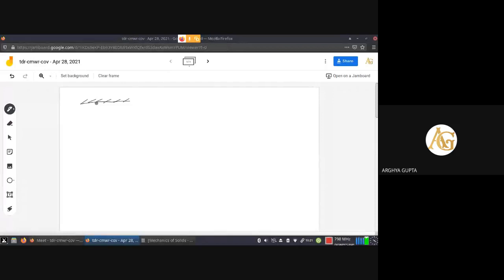There's a pulley being hung on the wall, and we have a load here. Also a load hung from here also. And the floor is here. Let us say this weight is 800 Newton and this weight is 600 Newton.